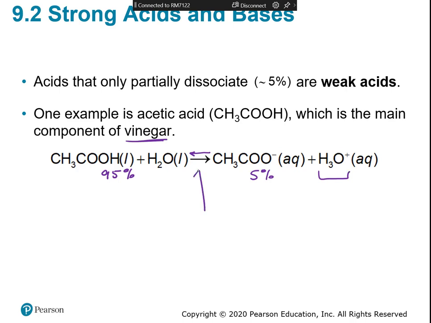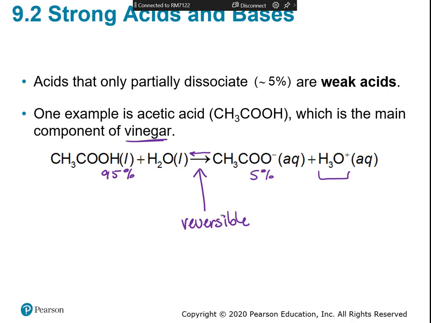So remember what this means. So that double arrow, that means that this is reversible. And remember, that means that when you start off with acetic acid, so if you have pure acetic acid, no water at all, and you add water, some of the acetic acid molecules, that CH3COOH, some of those molecules begin to break down into ions.